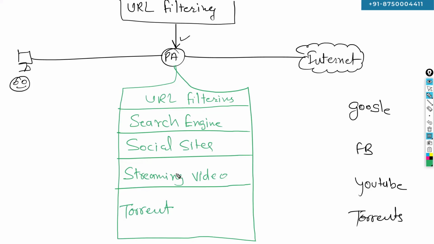In this way, we will see multiple URL categories. Here we will get URL categories. Now on Palo Alto Firewall, we can say this is allow, this is block, this is block, this is block.